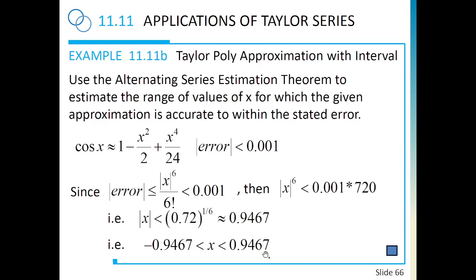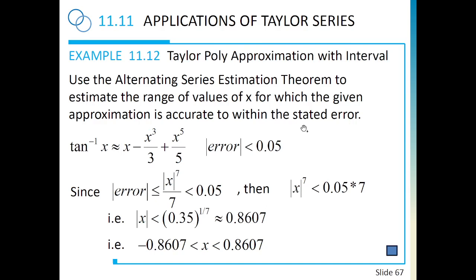So our interval is smaller when we require higher precision. So for the x's living in this interval, the error will be smaller than 0.001 using this polynomial of degree 4 to approximate cosine. Okay, so if we want better precision, the interval will be smaller.